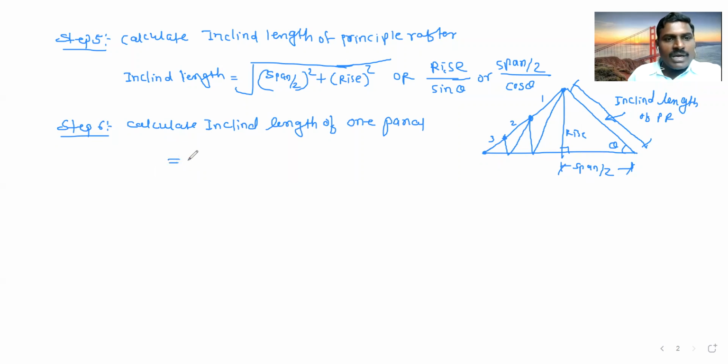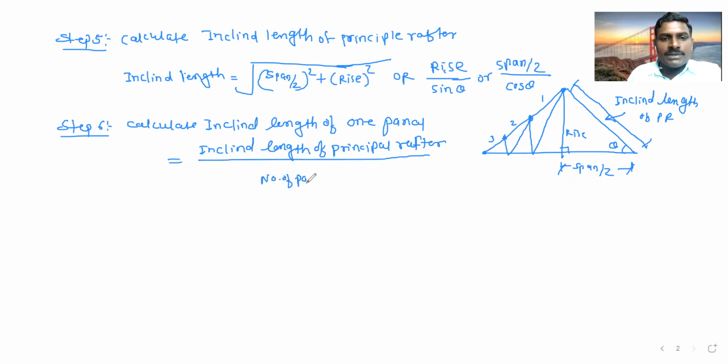Inclined length of one panel is equal to inclined length of principal rafter divided by number of panels.